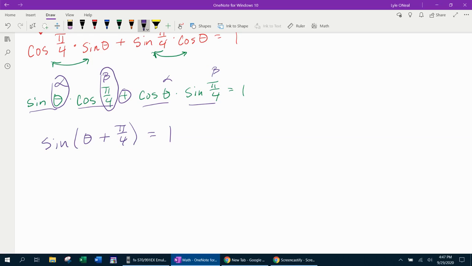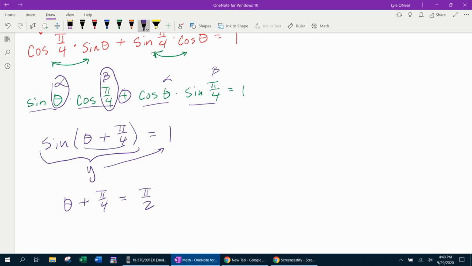And then what I can do is say, okay, remember that sine in the unit circle is really y. And what angle has a y coordinate of 1? Well, that's pi over 2, okay? The y coordinate at pi over 2 is 1.